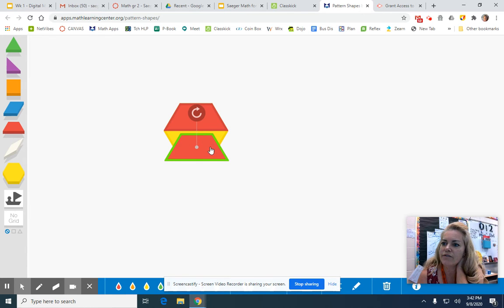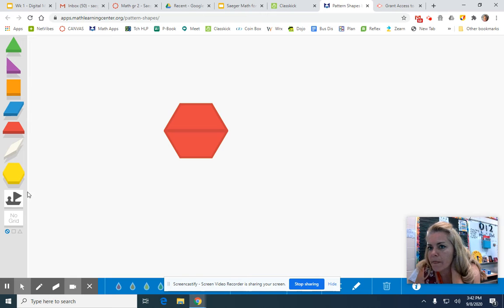Now, that doesn't fit, but if I use this little arrow, all I'm doing is clicking on it and then dragging. I can actually turn that trapezoid around and voila! The 2 trapezoids completely cover one yellow hexagon.